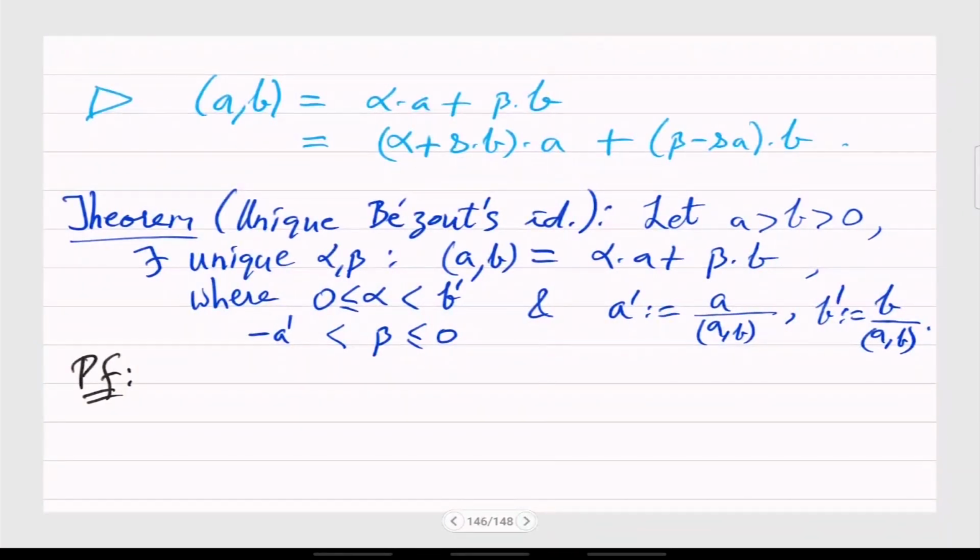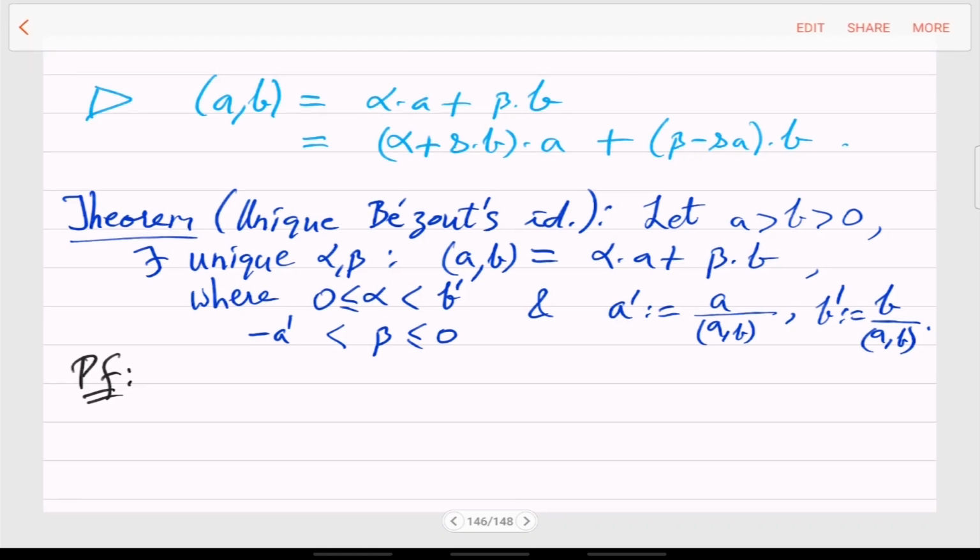And the Bezout identity is also unique in a way. In this case we are looking at the general case. So a and b are integers which share a GCD, the bracket a comma b.